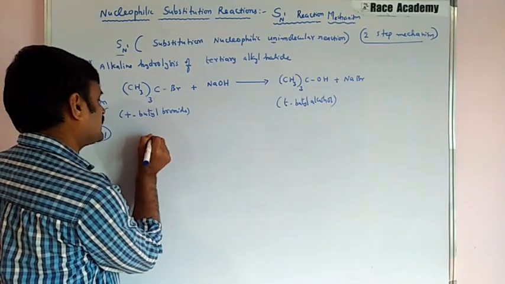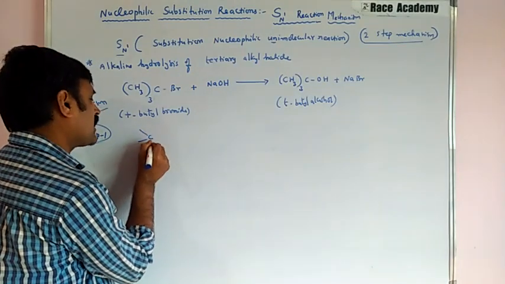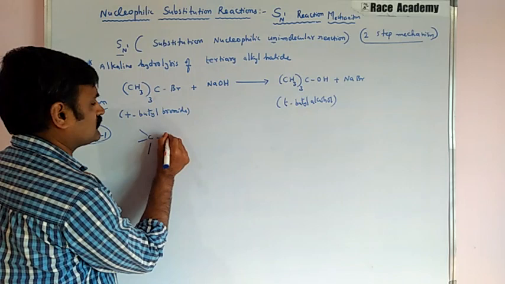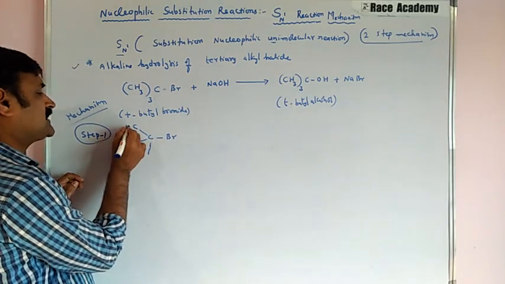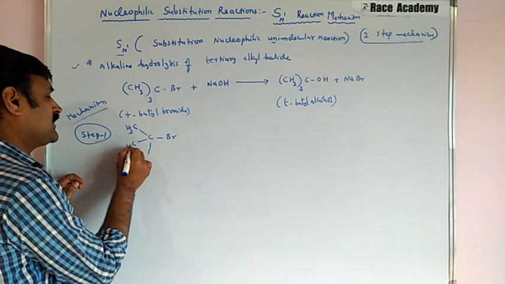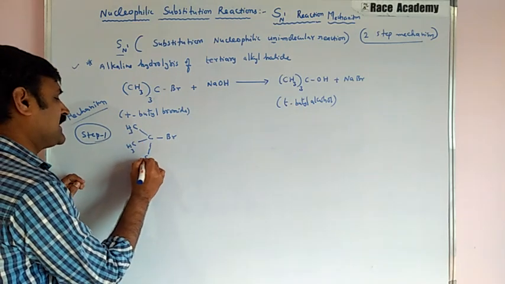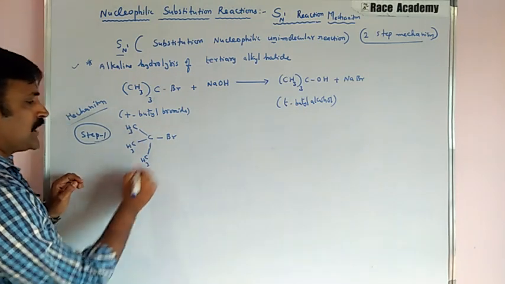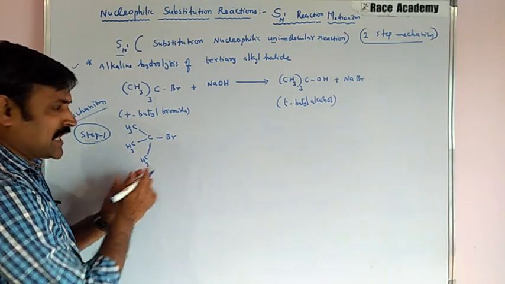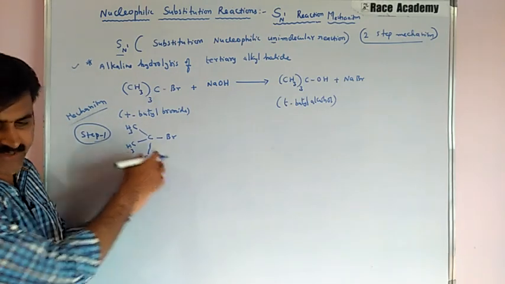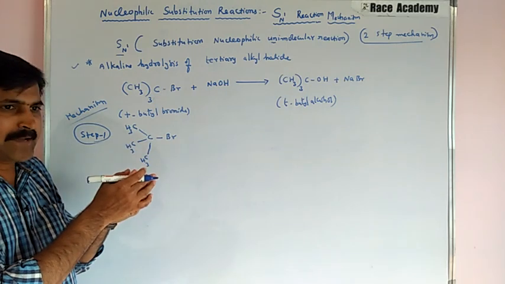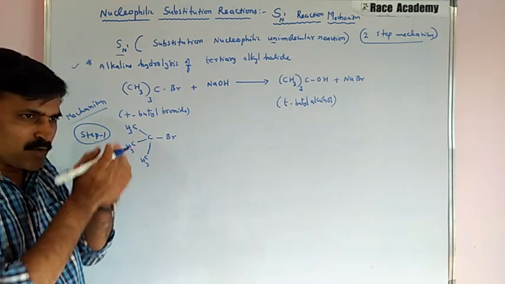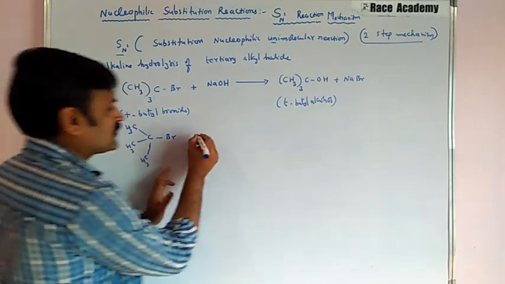We take this carbon-halogen bond, with the methyl groups indicated like this. In this first step itself, the bond separates out, and it is a slow step that requires some energy.